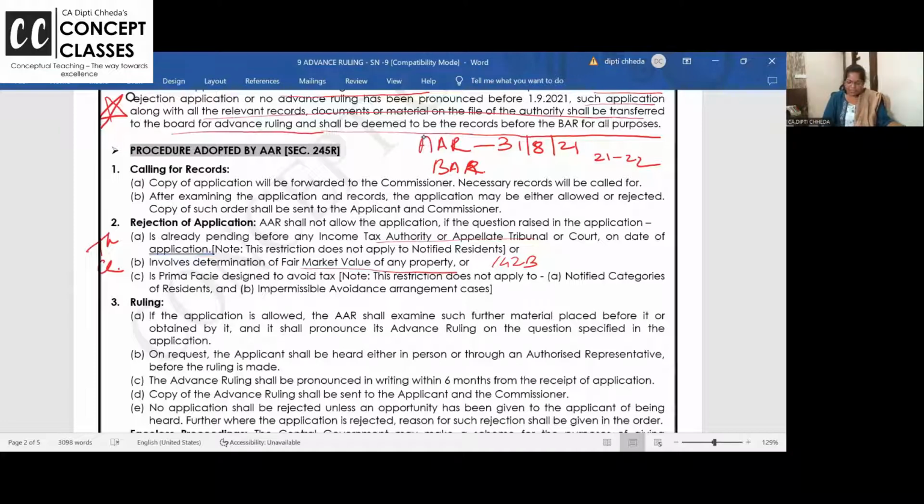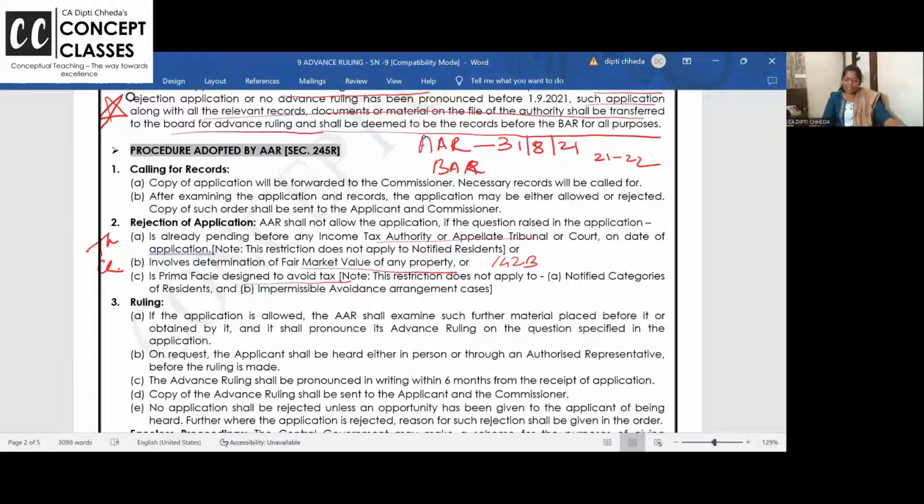Third, if it is prima facie designed to avoid tax. People should make the application to get clarity, no? If you are making the application to manipulate and reduce your tax, it will not be entertained. This restriction does not apply to the notified category of residents and impermissible avoidance arrangement. Okay?